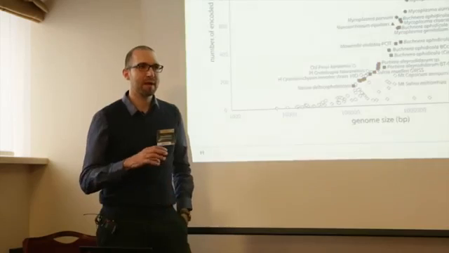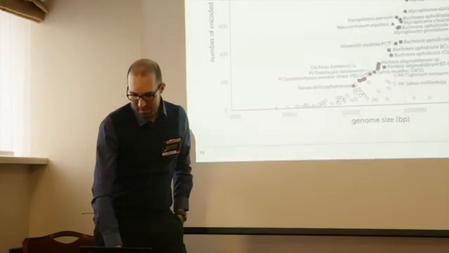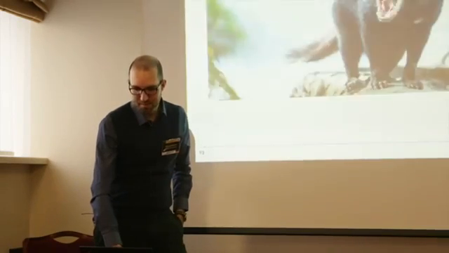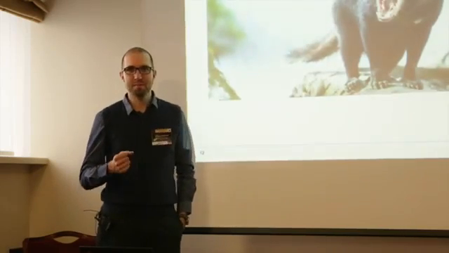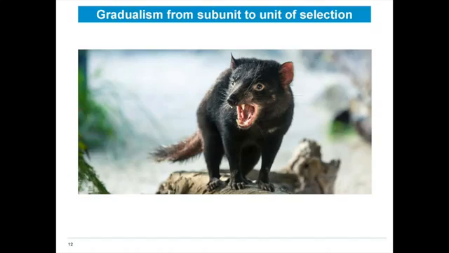Then when we look at a larger scale, we'll see that the borders are also blurred between the individual cell as a subunit of a higher organism, and the organism itself as the unit of selection.